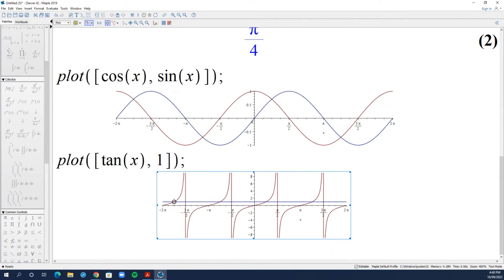But every time these two curves cross, that's a solution. So there's an infinite number of solutions. This is just between -2 pi and pi.